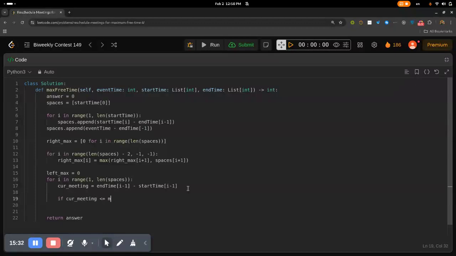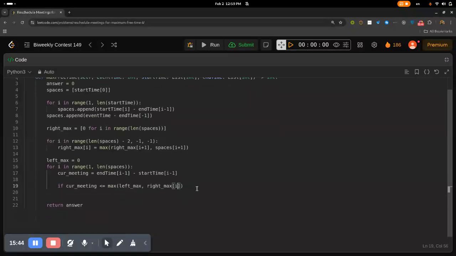and we will check if the current meeting could be in one of the left maximum or right maximum at i. So this will tell us, can we place this meeting anywhere to the right or to the left? And if we can do that, the answer is going to be maximum of the current meeting summed up with the spaces before that and spaces after the current meeting, and it's going to be maximum of that or the previous answer we got.